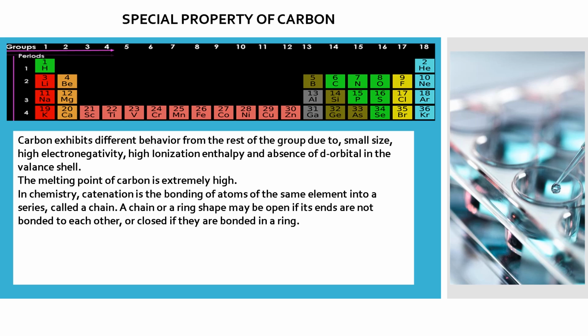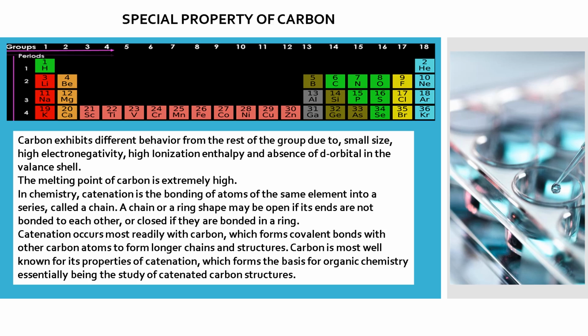Catenation occurs very readily with carbon, which forms covalent bonds with other carbon atoms to form long chains and structures. Carbon is most well known for its property of catenation, which forms the basis of organic chemistry, essentially being the study of catenated carbon structures. Organic chemistry has aliphatic and aromatic carbon compounds, where aliphatic are long chained ones and aromatic are ringed structures of carbon compounds.